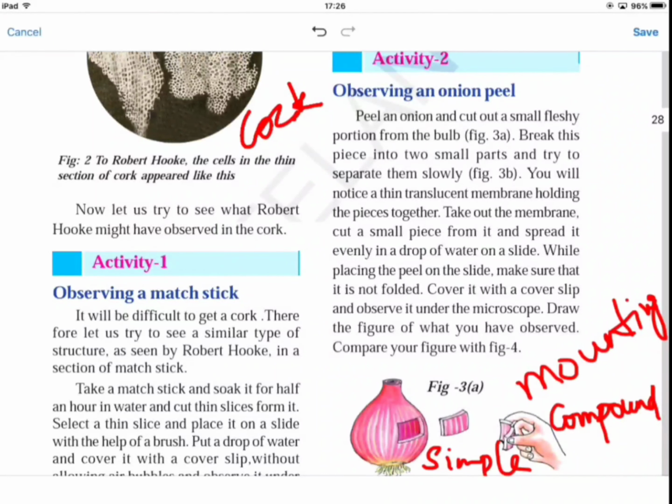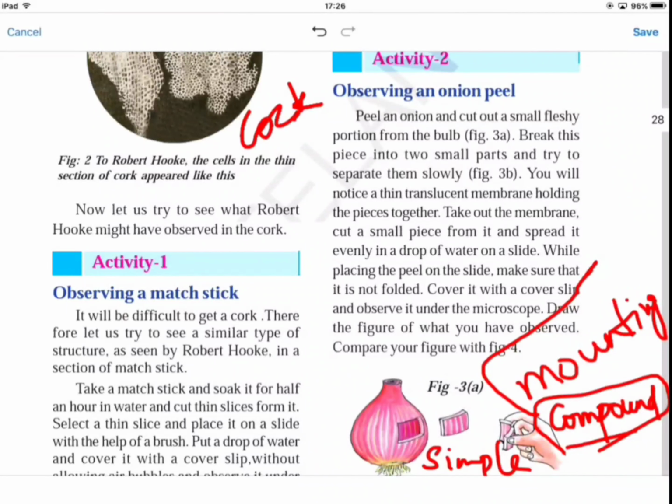With the help of this magnifying lens we will be able to see. If we use only a single lens, that is a simple microscope, and if you use more than one, that is a compound microscope. Generally in the school laboratory, we will have both, but we use the compound microscope where we can find both the lenses. Let me tell you brief information about the microscope.